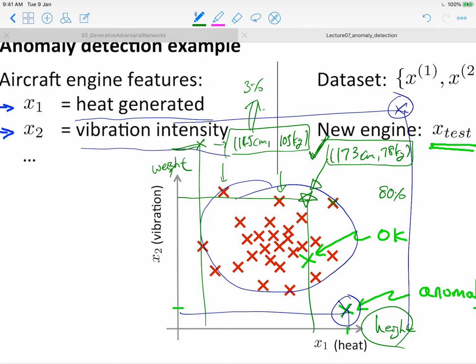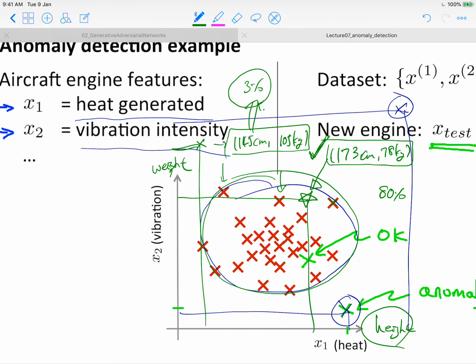The density is just indicating the probability, so probability density in the continuous domain. The density estimation is telling us the likelihood of a given arbitrary feature vector, and that density estimation model will be trained based on our given data.